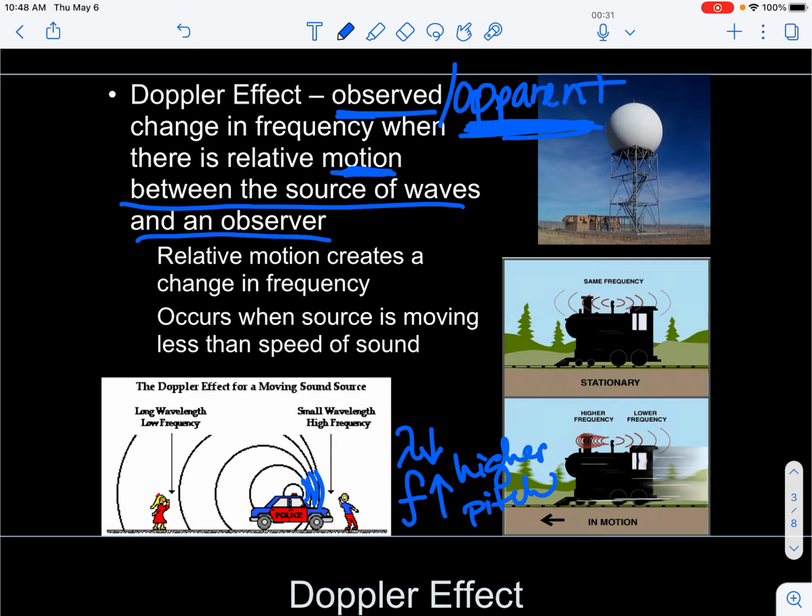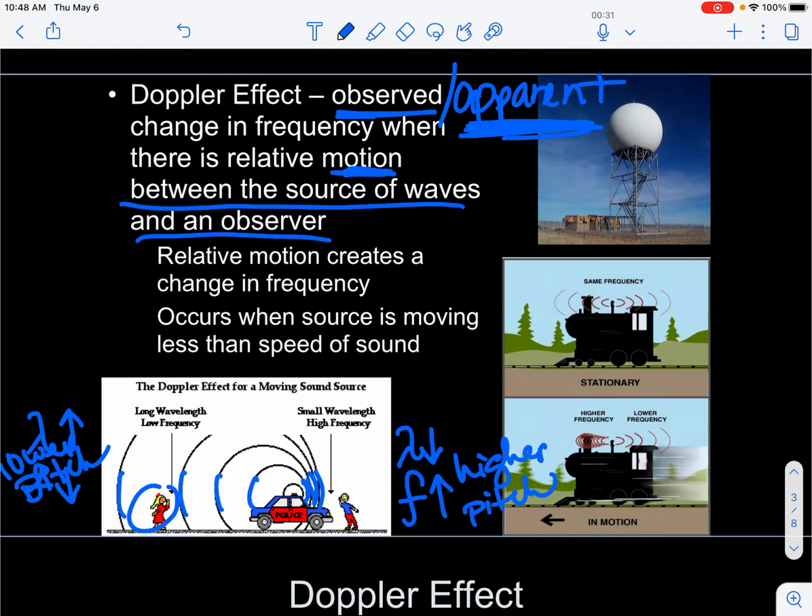Now, this same police officer, same siren, just passed this young lady over here, and so he is going away from her. As he is going away, those wavelengths are getting larger and larger and larger. So the wavelengths are increasing, which means that our frequency is decreasing, which means that we hear a lower pitch sound than as it was coming towards us.